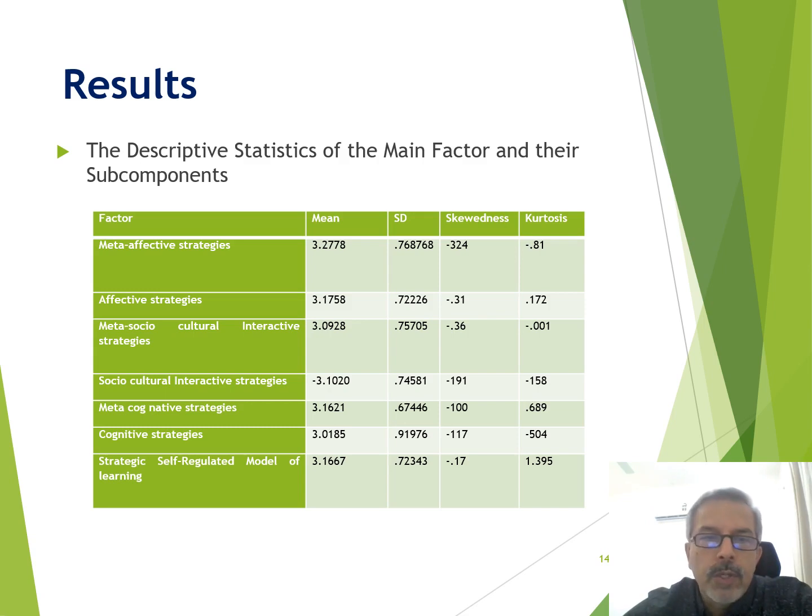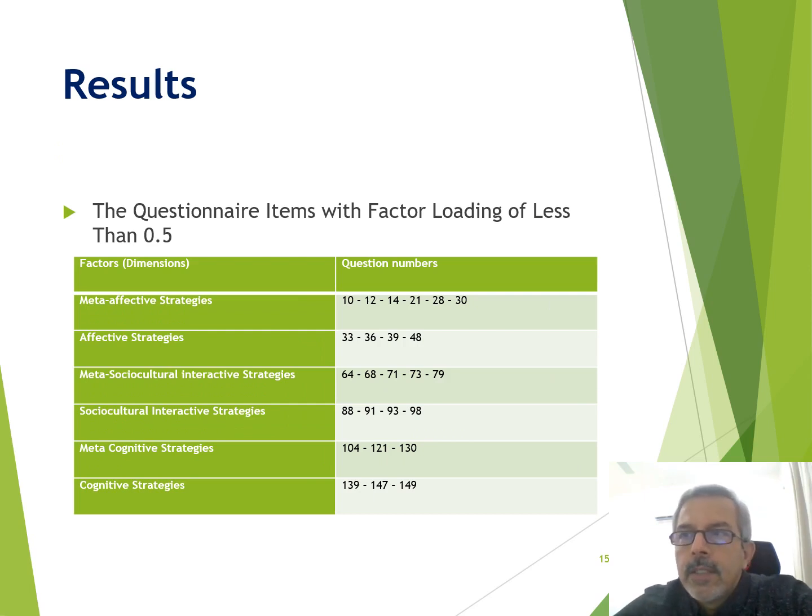To answer the questions, the loading of each item on the relevant construct should have a significant t-value at the significance level of 0.05. This means that the value should be beyond positive 1.96 or negative 1.96.